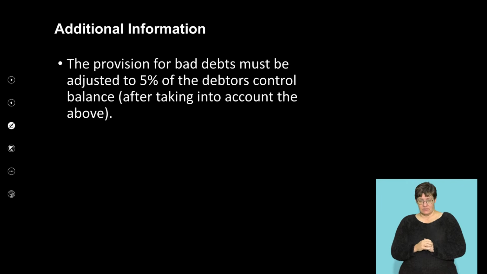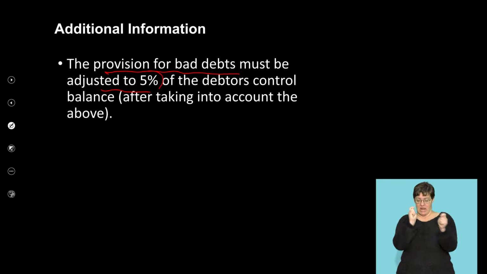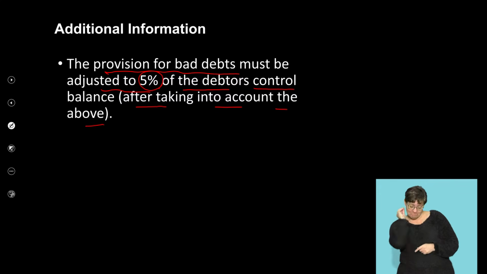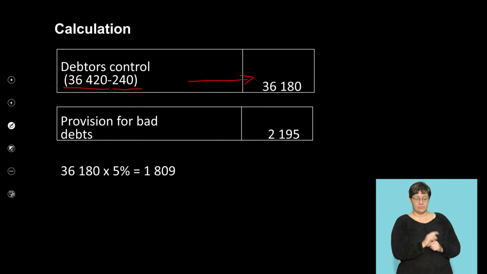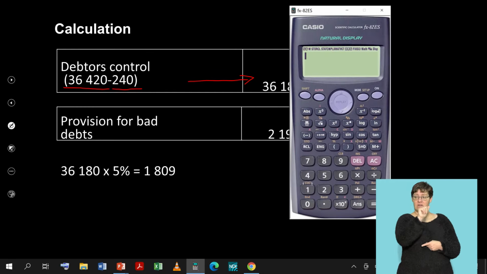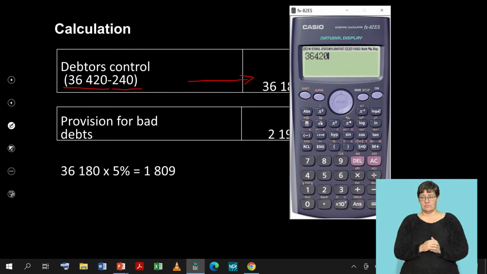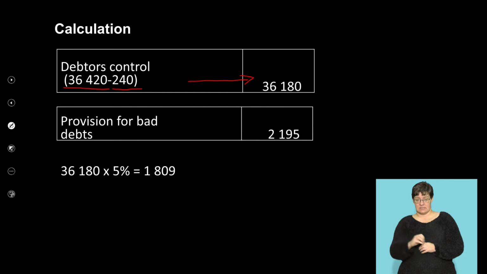Okay, then we were told that the provision for bad debts must be adjusted to 5% of your debtors control after taking into consideration the above. Watch this calculation. So obviously, you first took your 36,420. Let's do that. 36,420 minus the 240 gave you a figure of 36,180, which we have there. There's the 36,180.